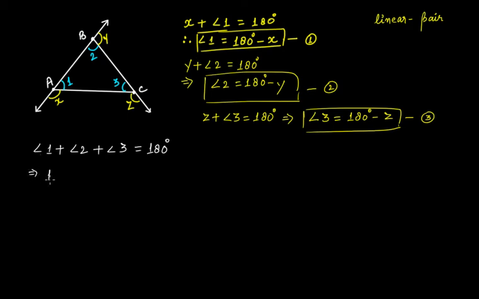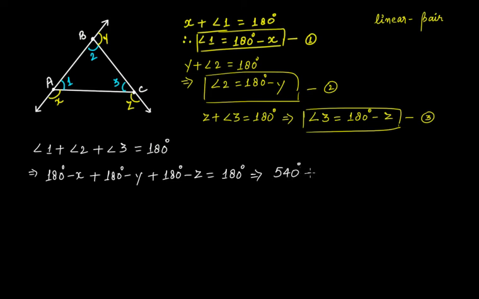This is 180 degrees minus x, plus for 2 it is 180 degrees minus y, and for 3 it is 180 degrees minus z. This is equal to 180 degrees. From here, this is 180 degrees plus 180 degrees, 360 degrees, plus 180 degrees is equal to 540 degrees.